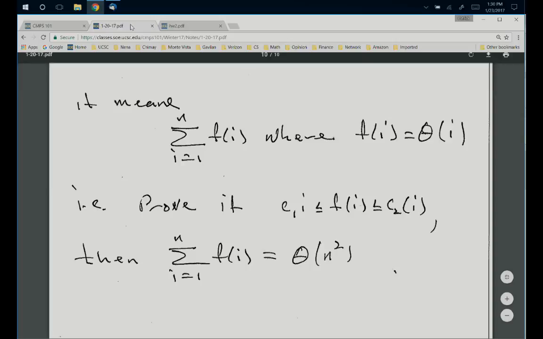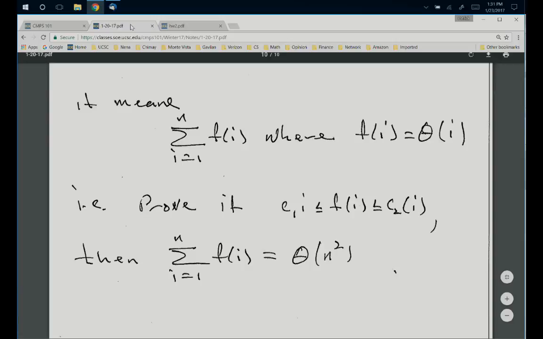We write the same thing, f of n an element of little o, and we say g of n is a strict asymptotic upper bound for f of n, or that f of n is strictly bounded above by g of n, asymptotically.